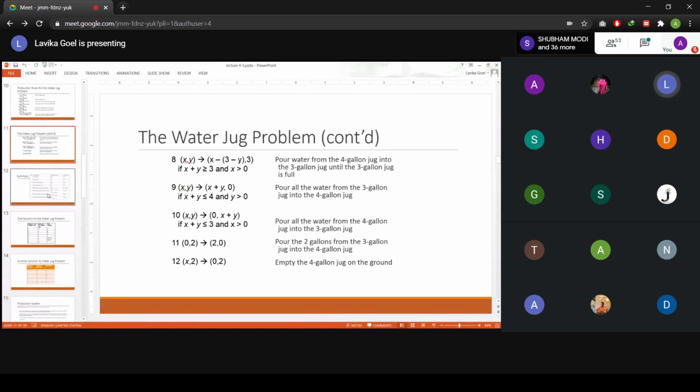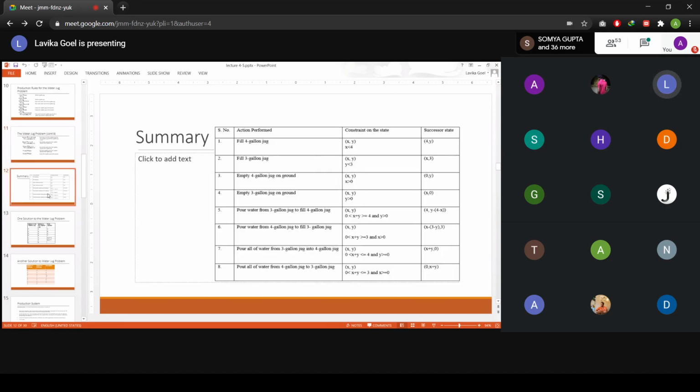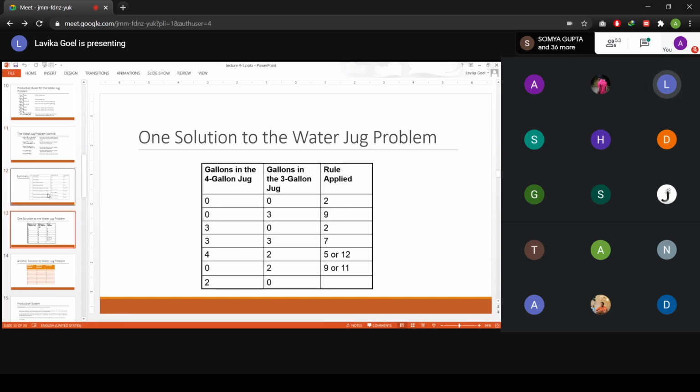So the 9th rule is pouring all the water from 3 to 4, and even the 11th rule. If you see the 11th rule, it is pouring 2 gallons from 3 to 4. So actually 9th or 11th can both serve our purpose. If you apply any of these two rules, you will get the state 2, 0.